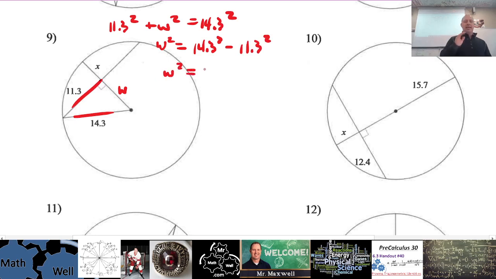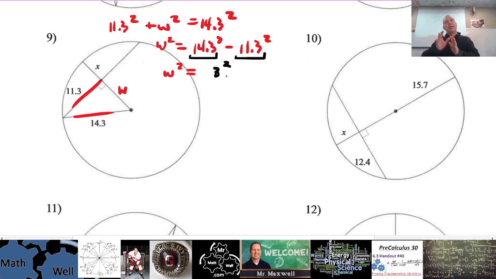Now, could I just say this? I don't know if any of you have ever thought of doing this, but here's one thing you can't do that I've seen students do before. What you can't do is go 14.3 minus 11.3 is 3, so this is 3 squared. Please don't do that, okay?